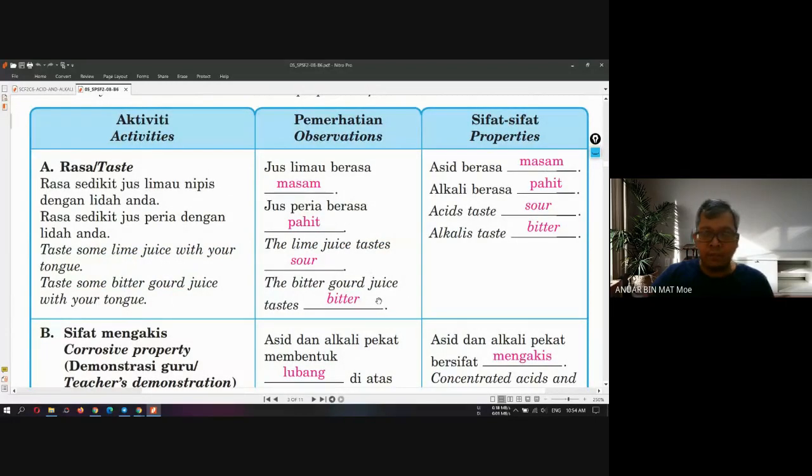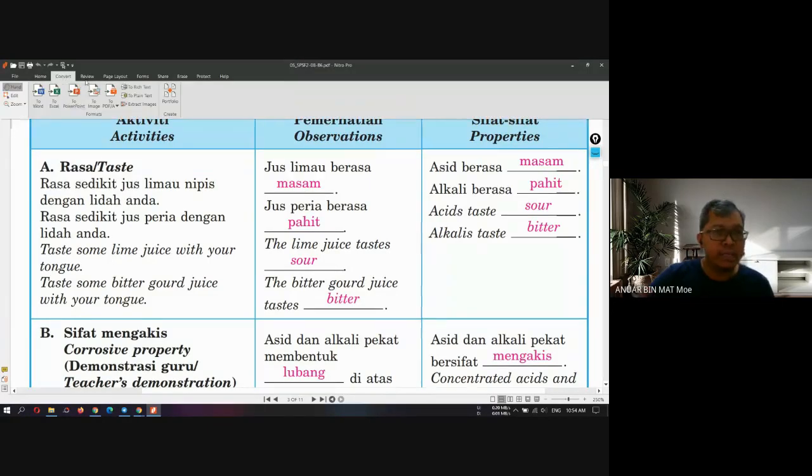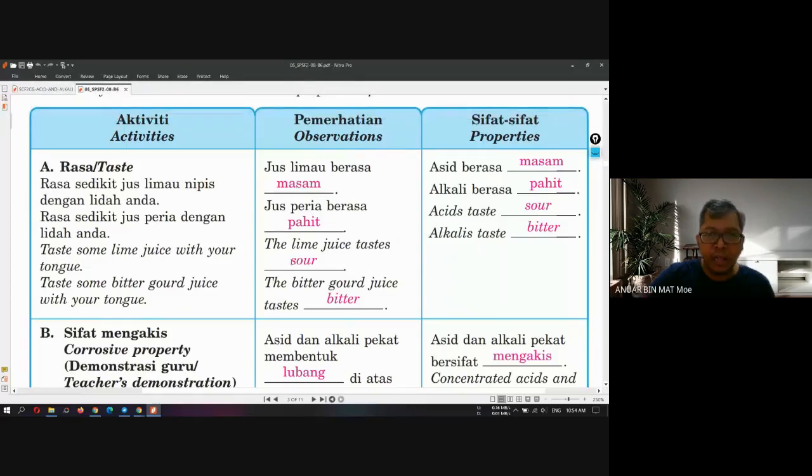The first activity, or the first characteristic, is by the taste, right? You must remember, usually acid will taste sour, and for alkali, usually it will taste bitter.